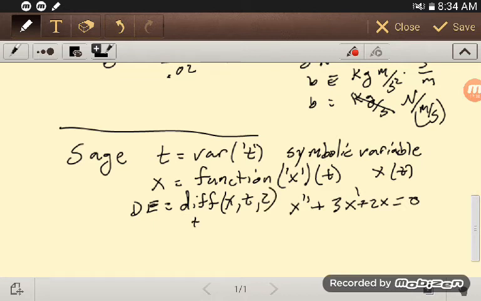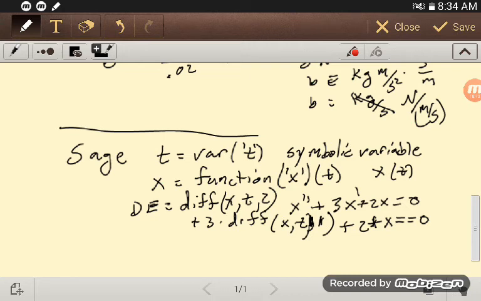And then plus your 3 times 1 derivative, so diff x t, oops, forgot my 1, and then finally plus the 2x, and you need the asterisk in there. And then they use the double equals when they're talking about equality, like equations. They use a single equal when they're talking about assignment. And so there's the differential equation.